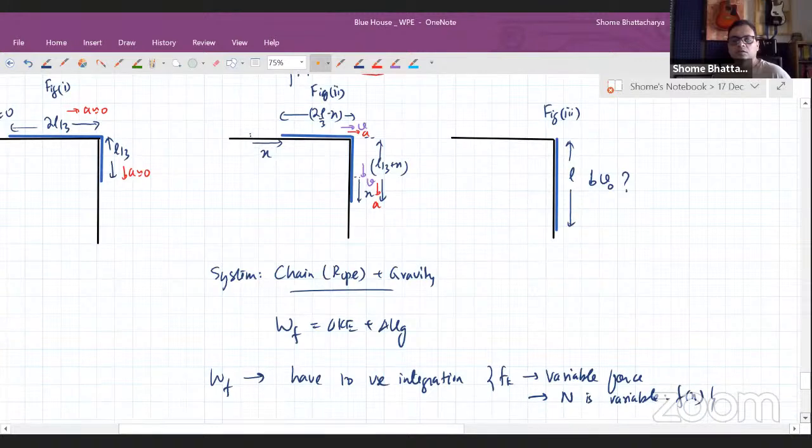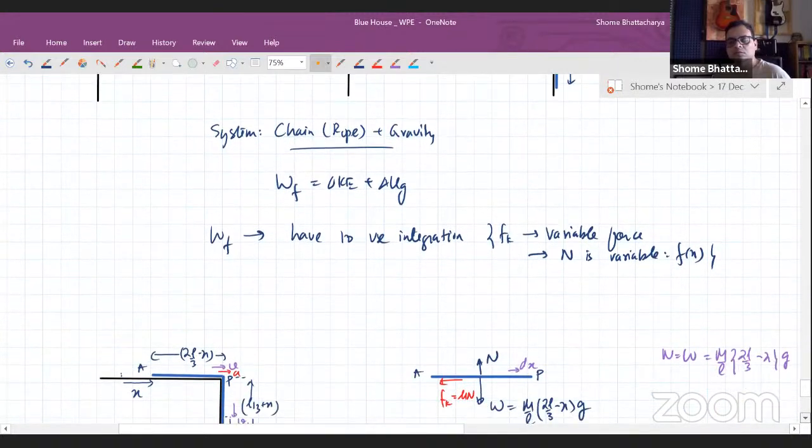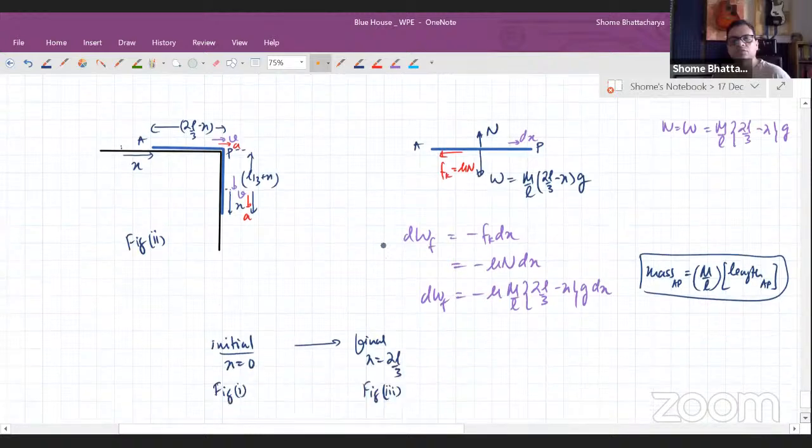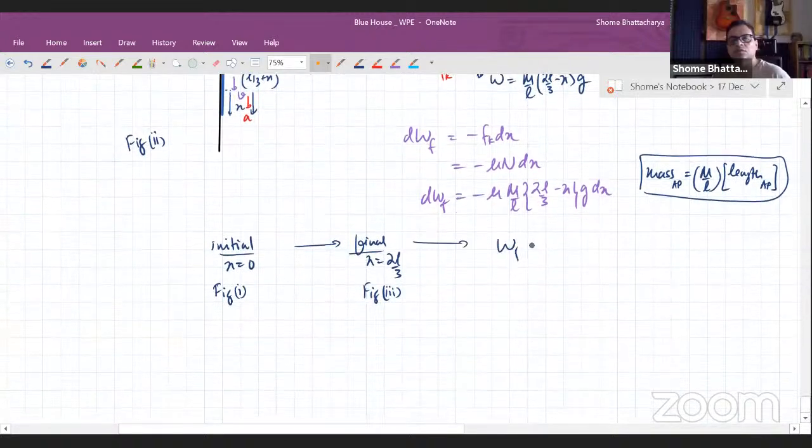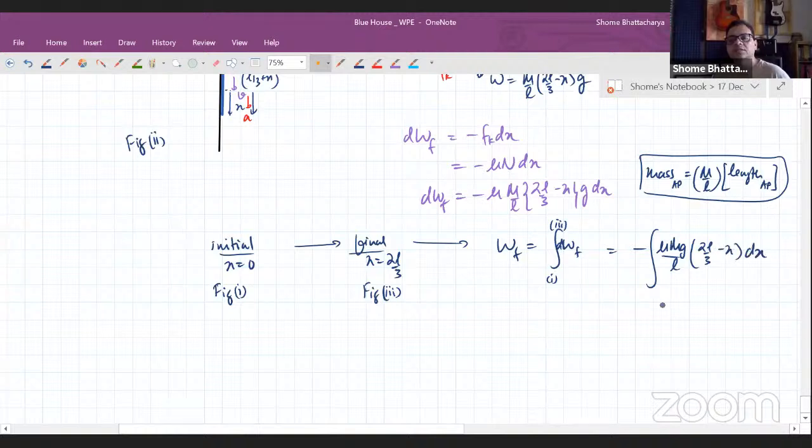So the total work done from this to this is going to be integration of minus mu g by L into (2/3 L minus x) dx, going from x equal to 0 to x equal to 2L by 3.